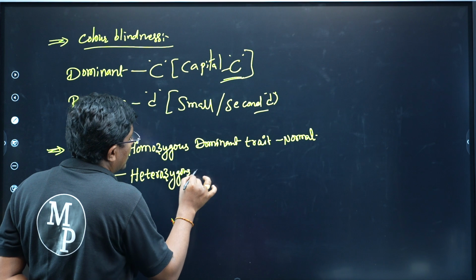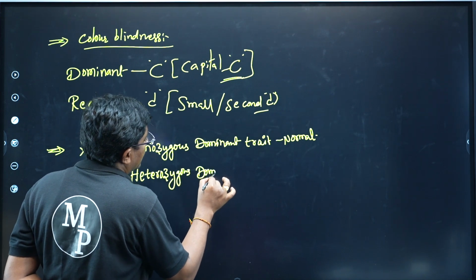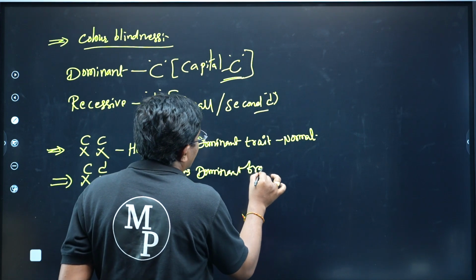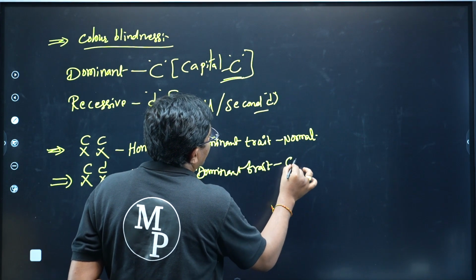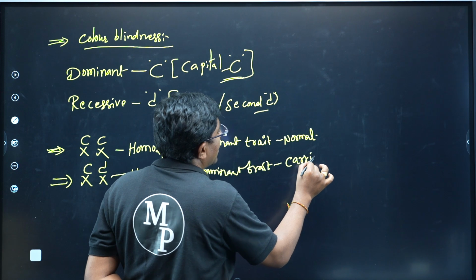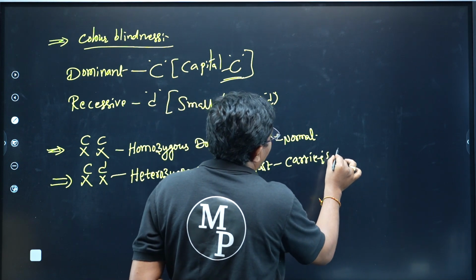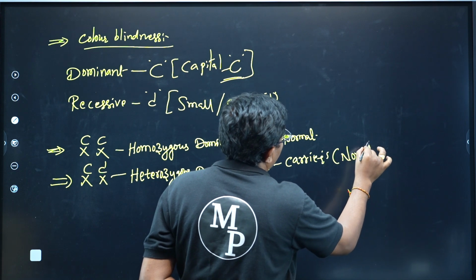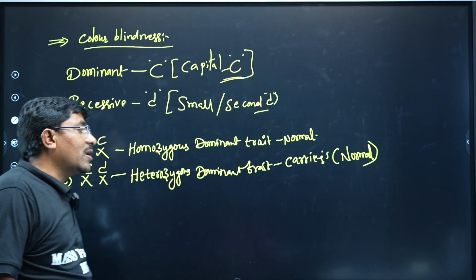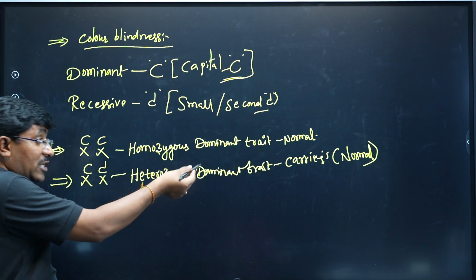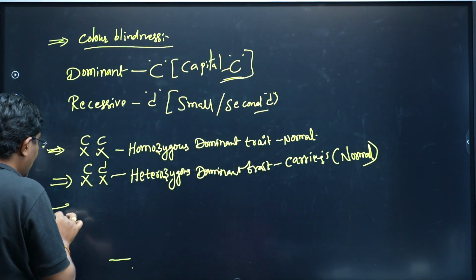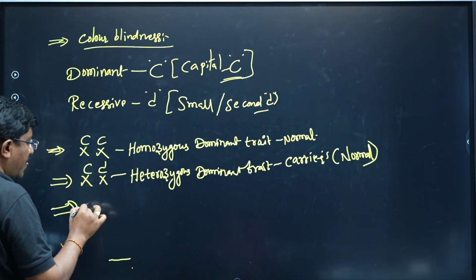In this heterozygous dominant trait, those females are the carriers. Carriers are always normal. These are only transferred to their offspring, but they are physically normal. Means there is no appearance of the trait.